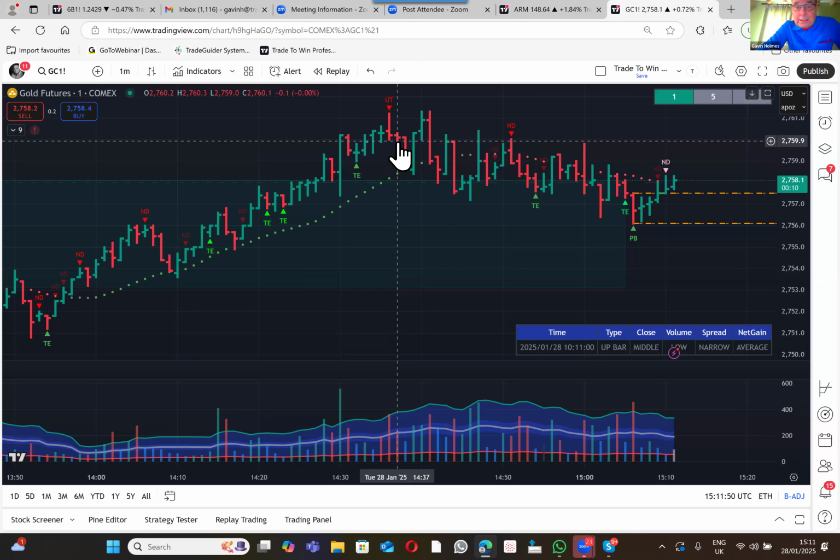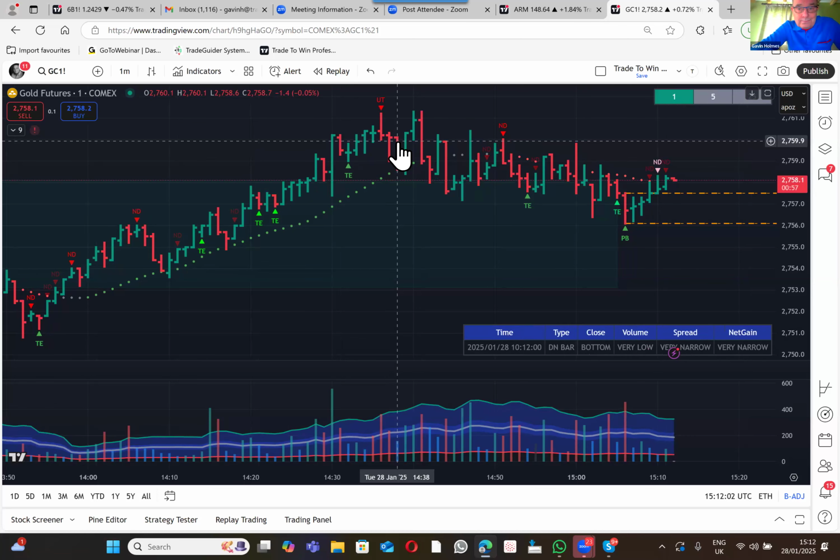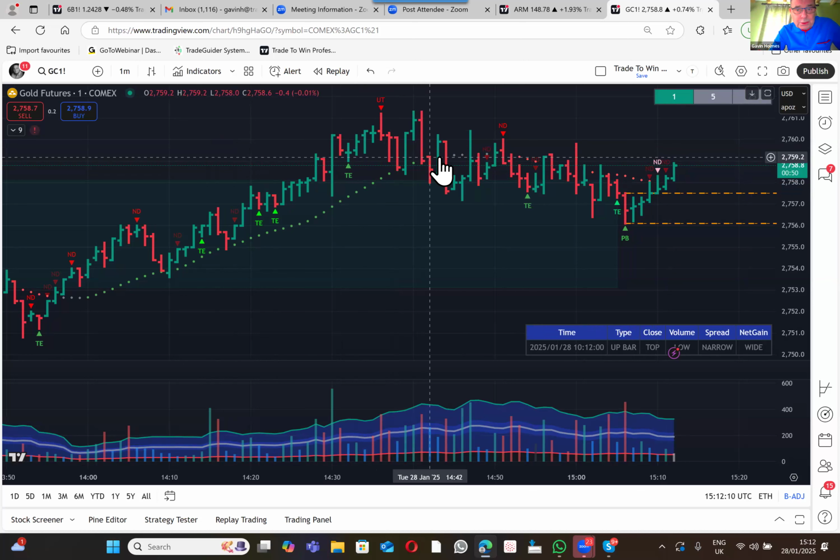And this is what Tom Williams taught me. If the effort to push the price up is strong, it would continue to rally and test and keep going. No, the price closed lower, and then we have what we call a gotcha bar, followed by no demand.